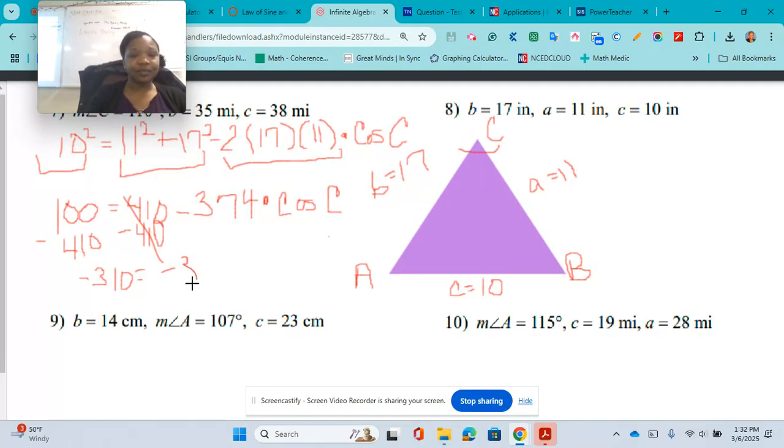Excellent. Negative 374, because we still have that times the cosine of C. We are trying to get the big C by itself, so what do we move next? We divide by negative 374.